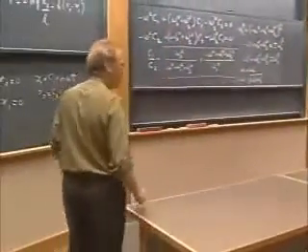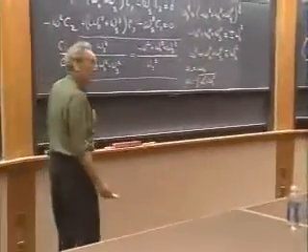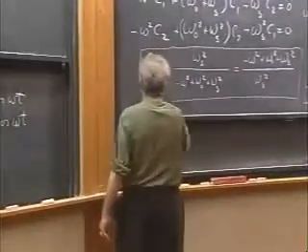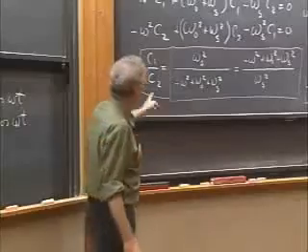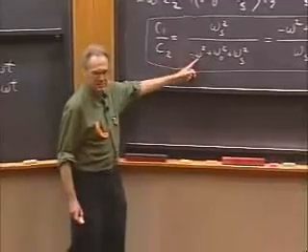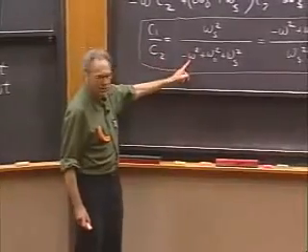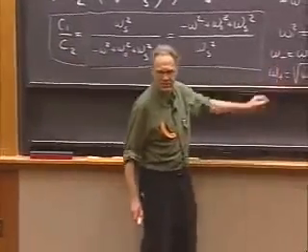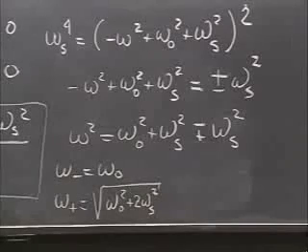I said we're going to eliminate C1 over C2. You think C1 over C2 likes to be eliminated? Let's call it back. And look at this equation. Substitute in here for omega squared. Substitute in omega minus. Then you get an answer for C1 over C2.